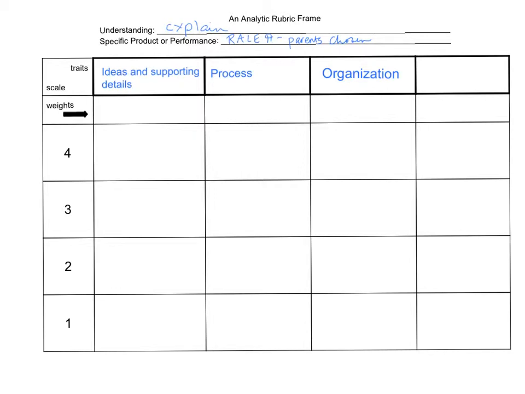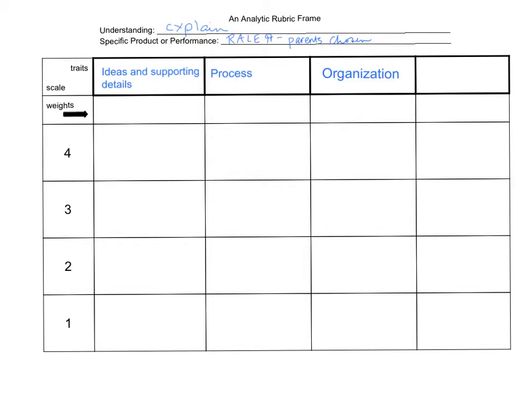So thinking about ideas and supporting details, I'm thinking about their content. I want to know how much they understand. And so using that figure J6, my degree terms, I'm going to look at degrees of understanding. Those will be the stems that I'm using through this column.